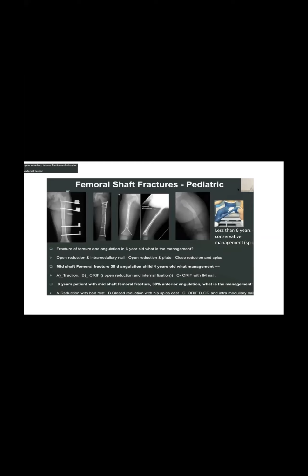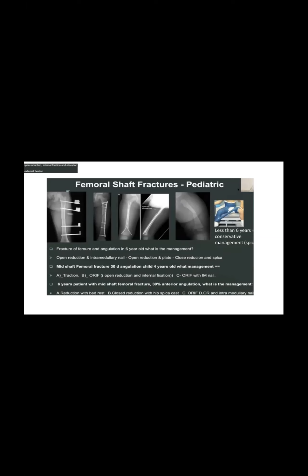Who can answer? Mid-shaft fracture with 30-degree angulation? Ma'am, traction. No, it's not traction, because the 30-degree angulation is huge. We have to do fixation by intramedullary nail. The answer is ORIF with intramedullary nail.